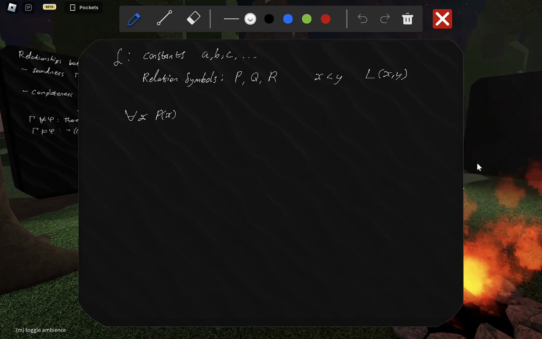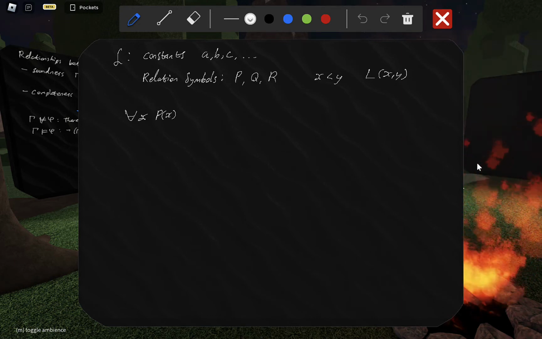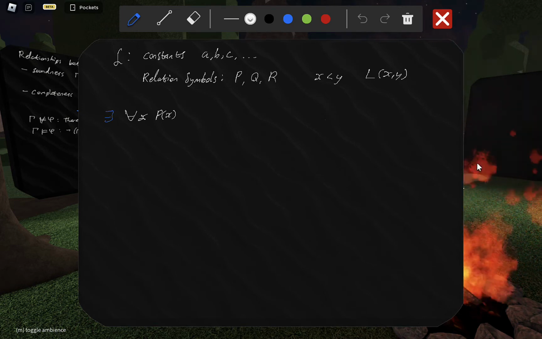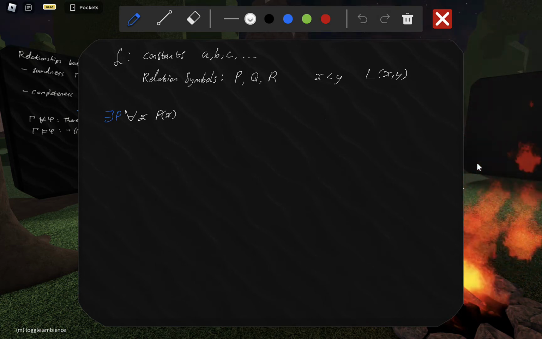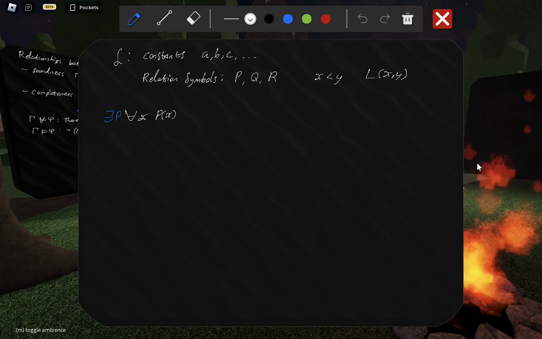But in second order logic, you can add on exists P. So you can say there exists a predicate P such that for all x, P of x.